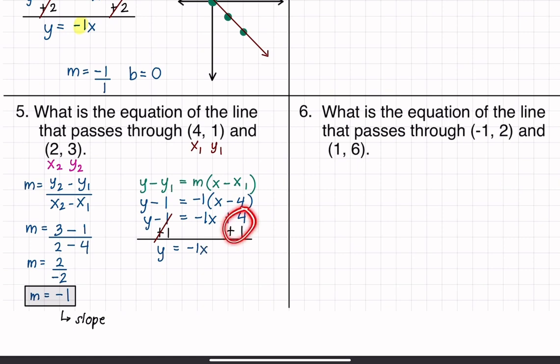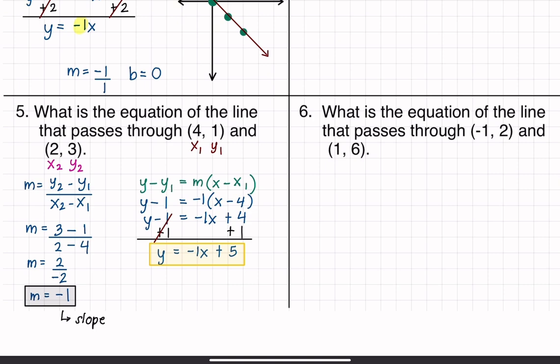And 4 plus 1 is equal to 5. So this is our equation, the equation of the line that passes through (4, 1) and (2, 3).